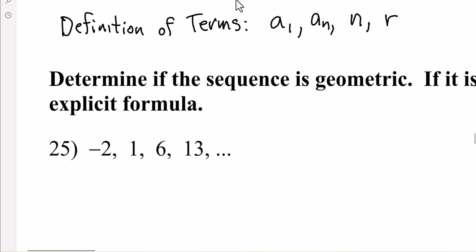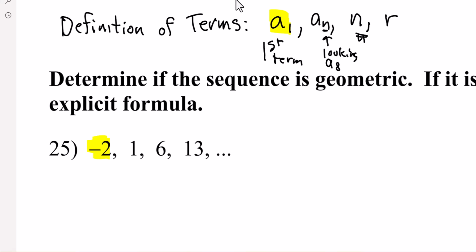So again, a sub 1 means the first term of the sequence. A sub n is the term you're looking for. So in this case, we'll do a sub 8. N is the number of terms.